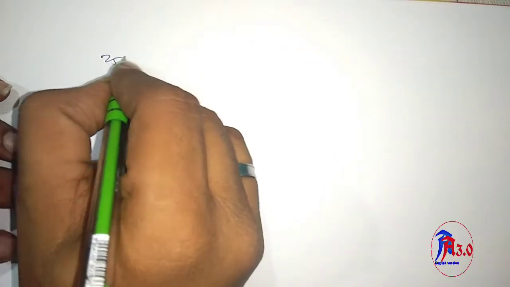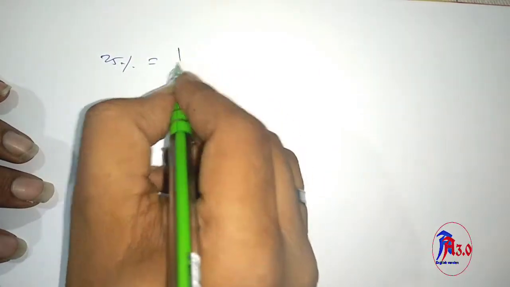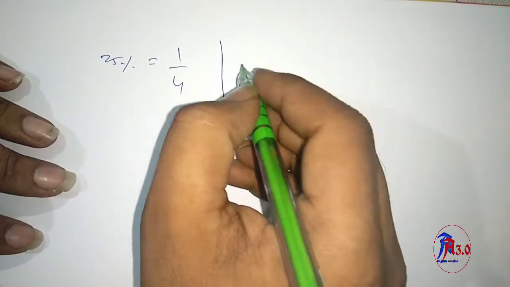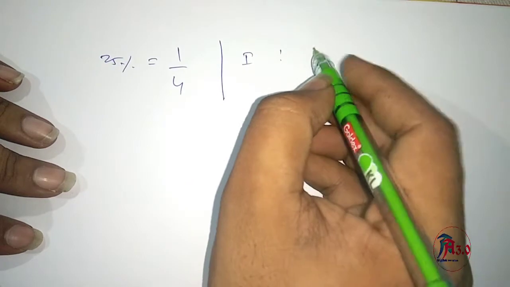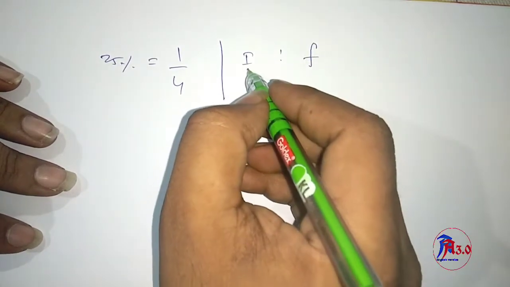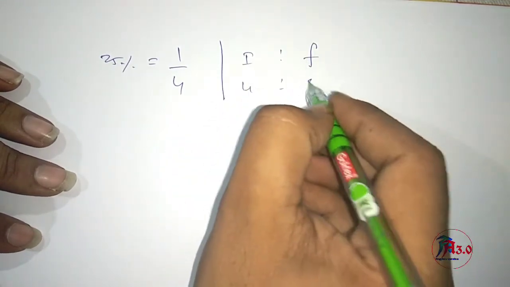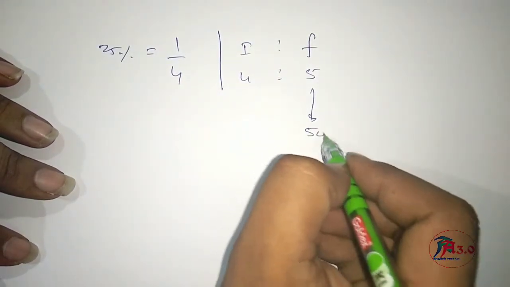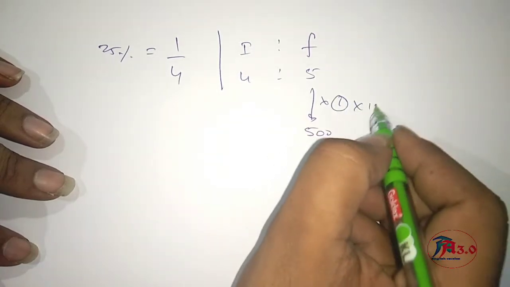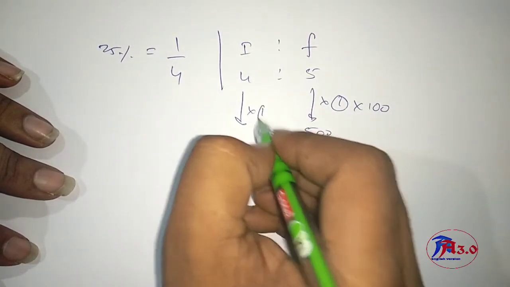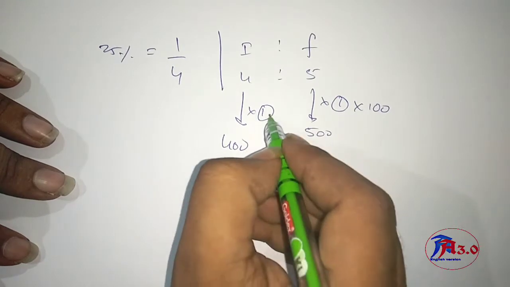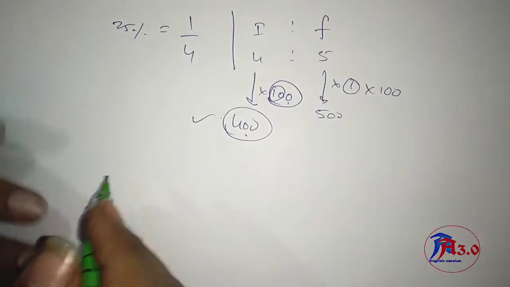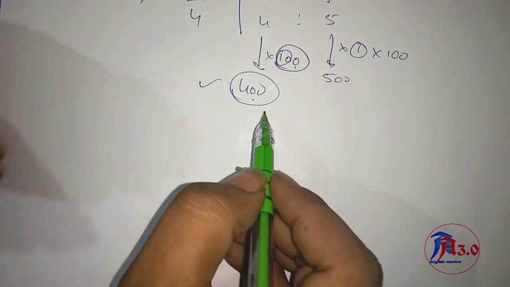So here he is asking about 25 percentage. He just added 25% of the number and he gets the value 500. So here I am taking initial number as 4 and final number as 5. Given value of final number is 500. So the value of 1 unit is 100. So what is our original number here? 400. The original number is 400 here. So what is the next condition of the question?